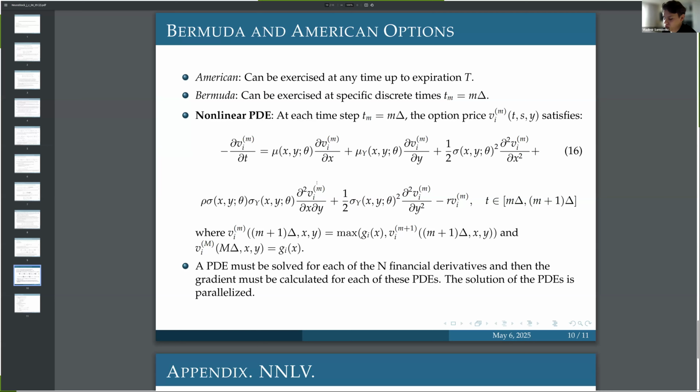They use this approach to evaluate Bermuda and American options using their models.